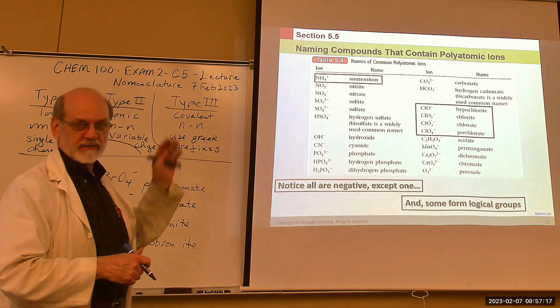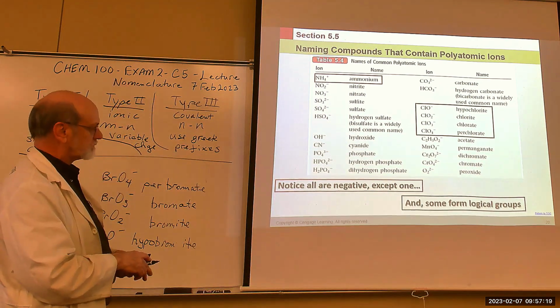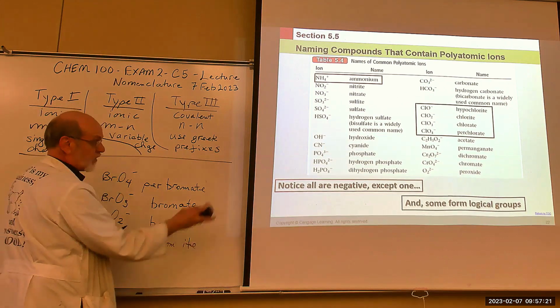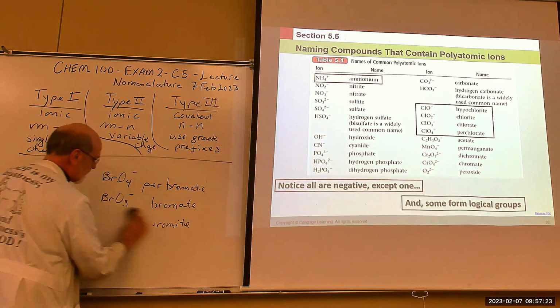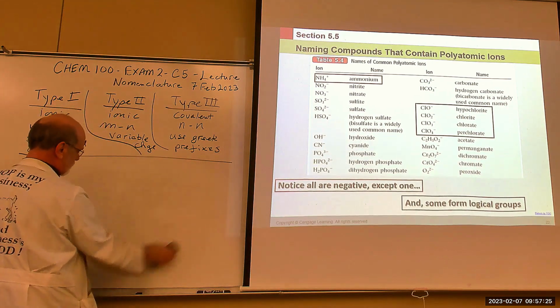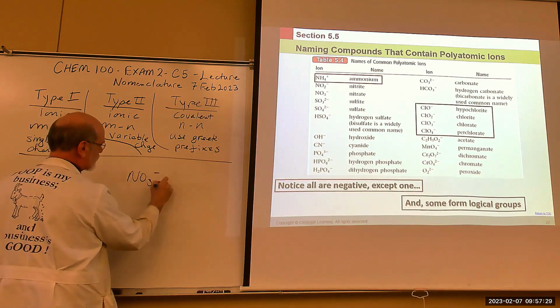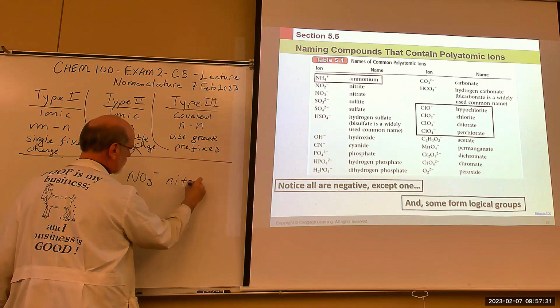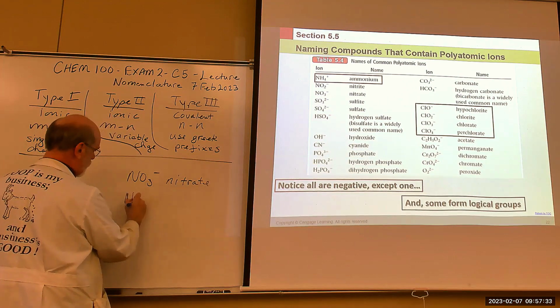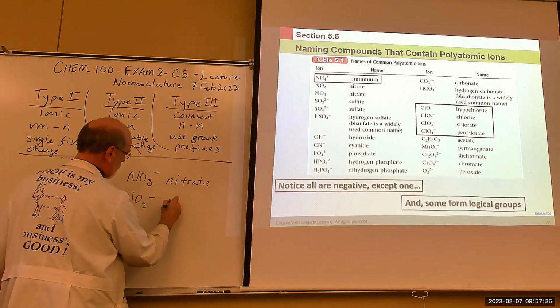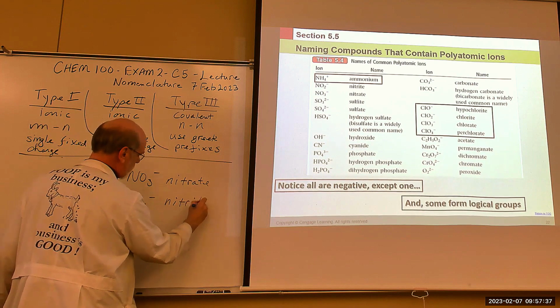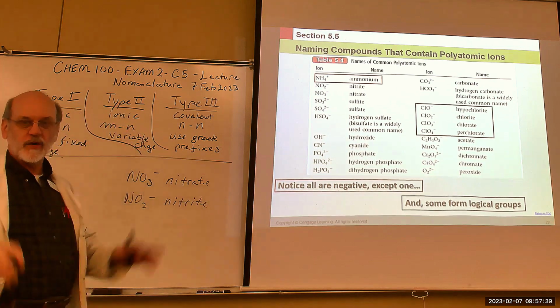You can recall them instantly. And there are a couple of other situations like that, not as extensive as this one. For instance, NO3 minus is nitrate, and NO2 minus is nitrite. That's the only two in that group.